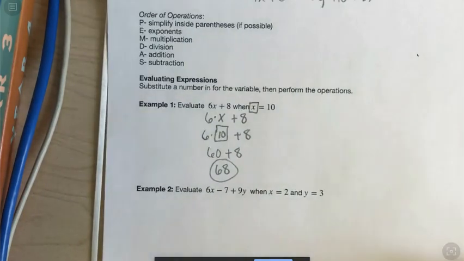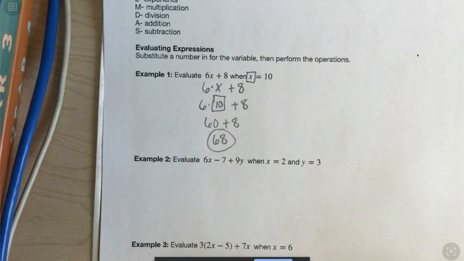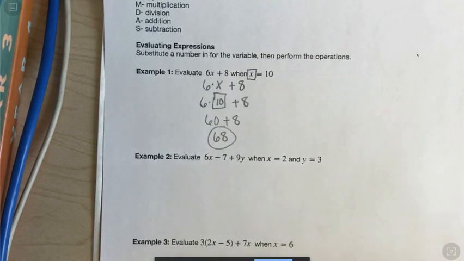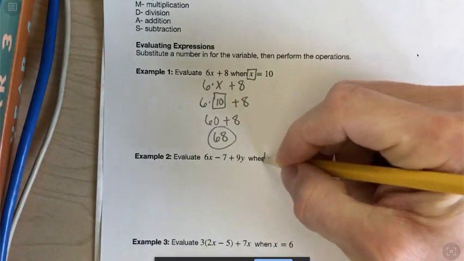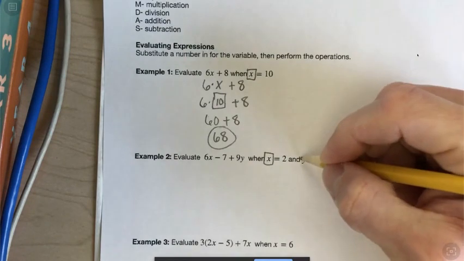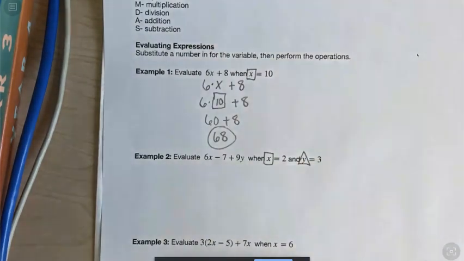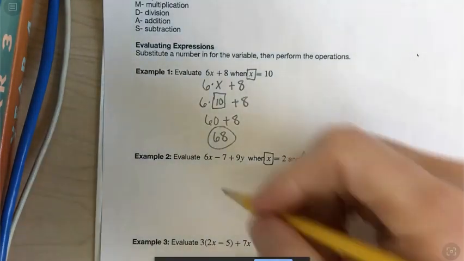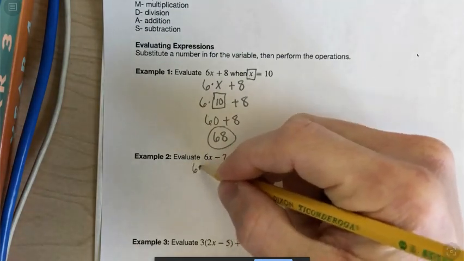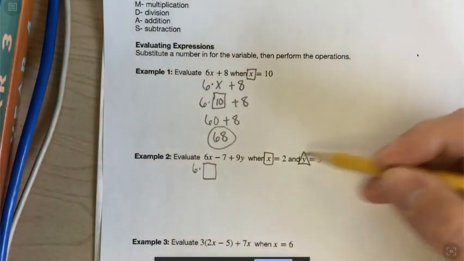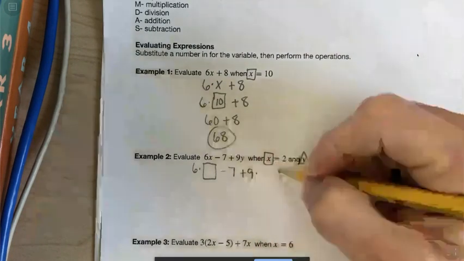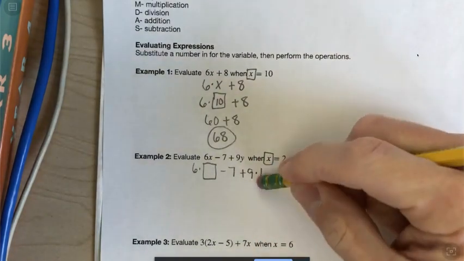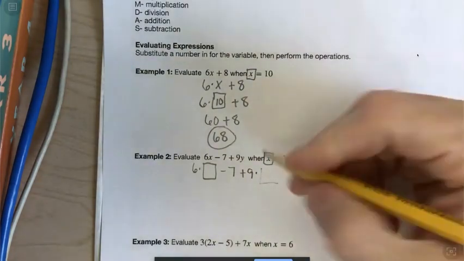Cool. It gets a little bit more complicated because nothing stops me from having more than one variable. In this case, I'm telling you x equals something, and y too. So we have 6 times, well, we don't have x anymore, we have a value, minus 7 plus 9 times y, but we don't have a y anymore because we have a value for it.